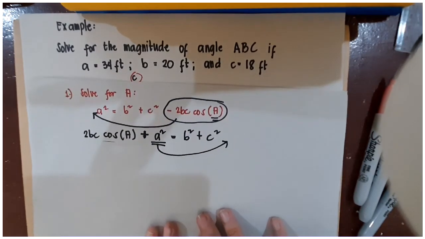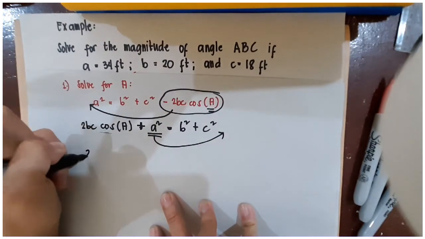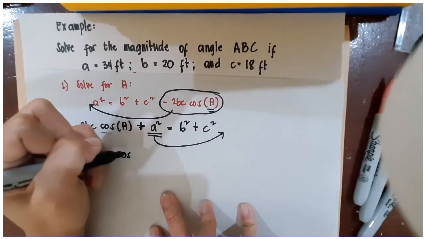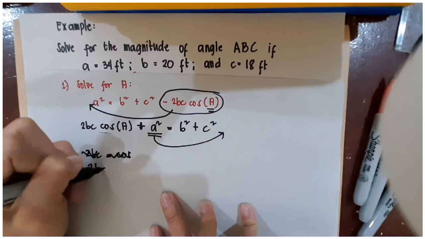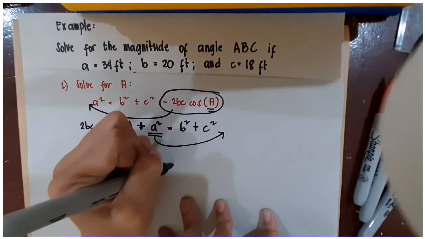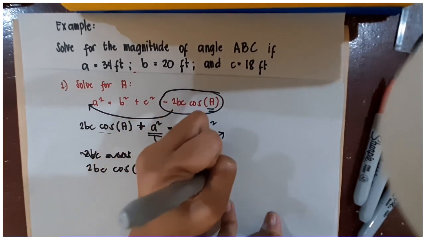So, what happens is you have 2BC cosine A is equal to B squared plus C squared minus A squared.